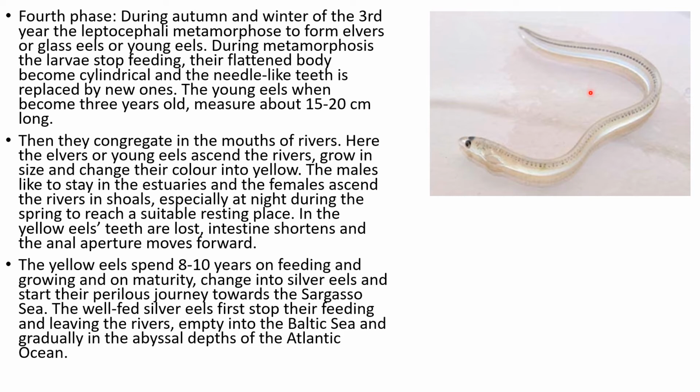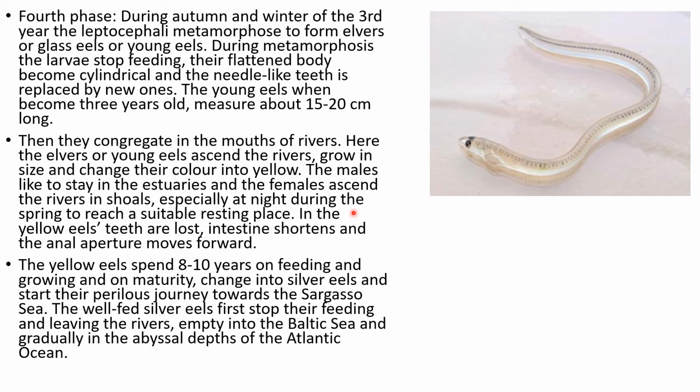During metamorphosis, the larvae stop feeding. Their flattened body becomes cylindrical and the needle-like teeth are replaced by new ones. The old teeth will be lost. The young eels, when they become 3 years old, measure about 15 to 20 centimeters in length. Then they congregate in the mouths of the river.